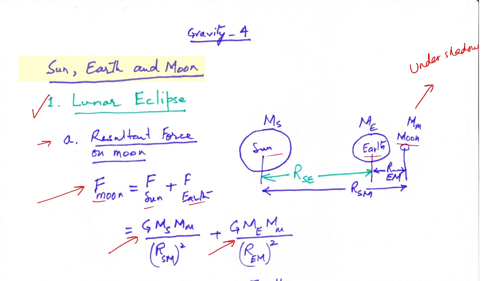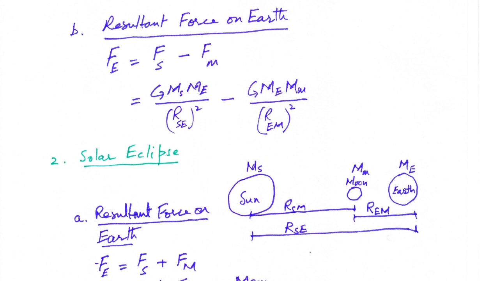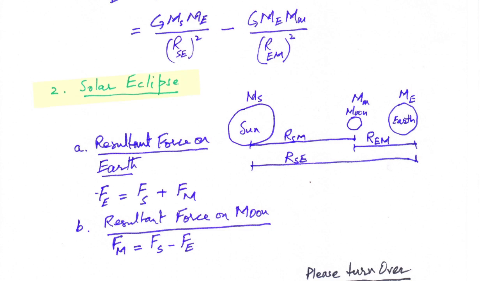Now, in this lunar eclipse, resultant force on Earth will be the difference between the forces of Sun on Earth and force of Moon on Earth. So we put in the formula, and there is a solar eclipse as well. So in solar eclipse, Moon comes in between the Sun and the Earth, and the shadow of the Moon falls on Earth.